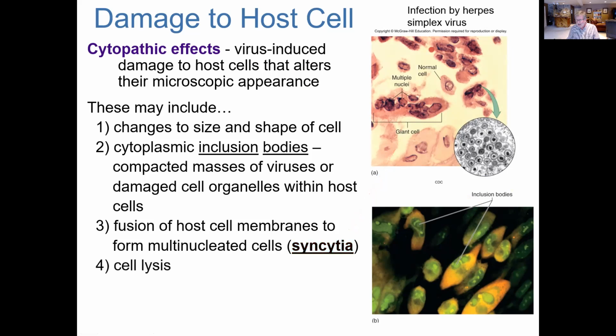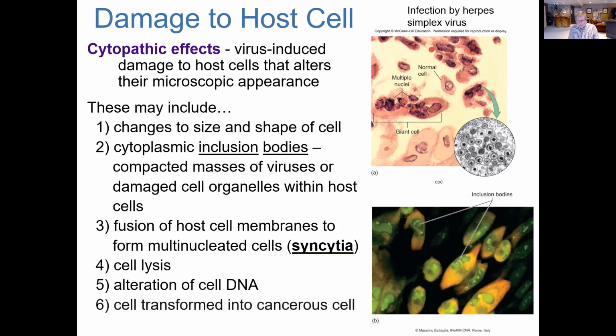The cell can lyse, as we know. That's one of the ways in which viruses get out of host cells. The cells die, they pop, they lyse. So that's pretty significant damage to a cell, I'd say. Cell dies in the process. And sometimes we even see the cell's DNA getting impacted and altered as a result of viral infection.